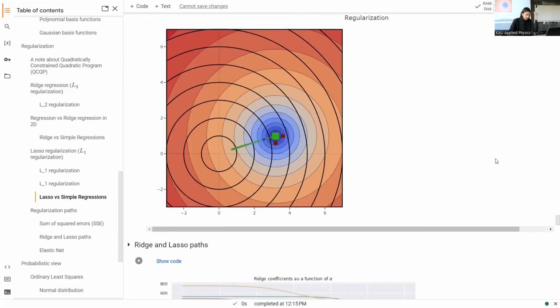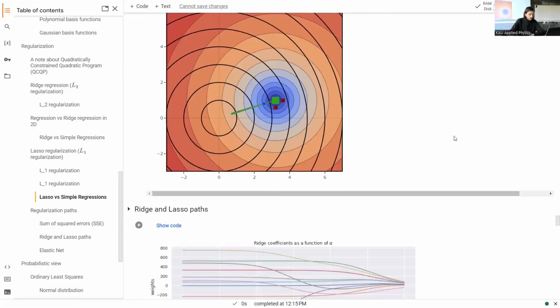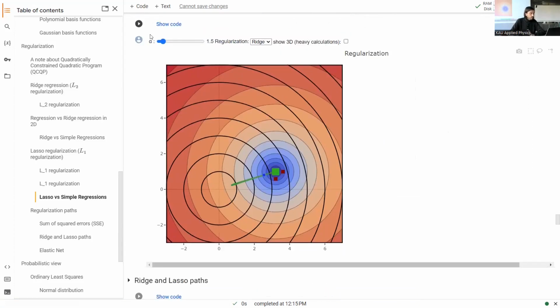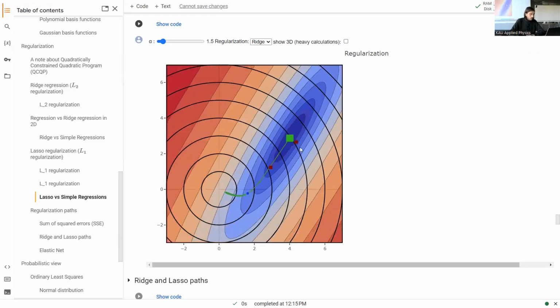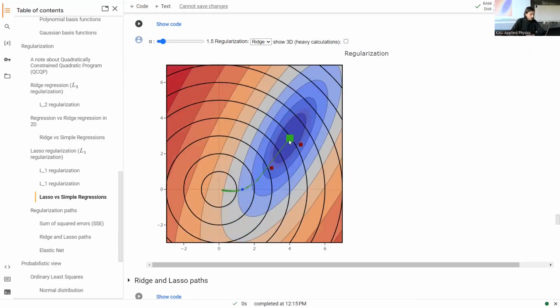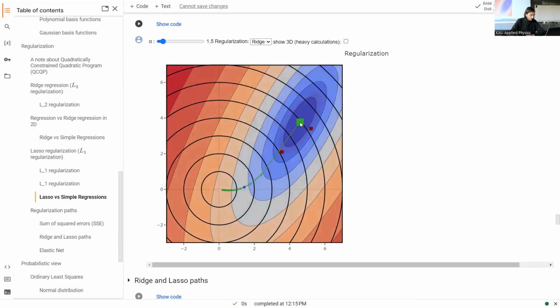Here, I know I'm overtaking some time, but only a few nice pictures for you, nothing more. Here is some sort of ridge regression. Here in color, you see the function that we are minimizing. With the green line, you see the trajectory of the minimization.